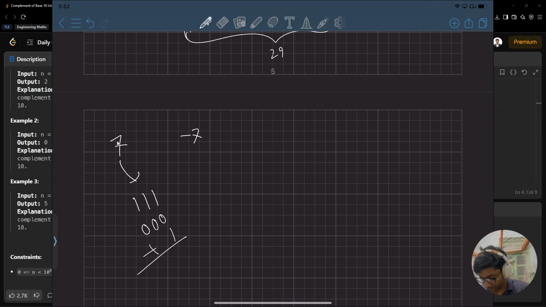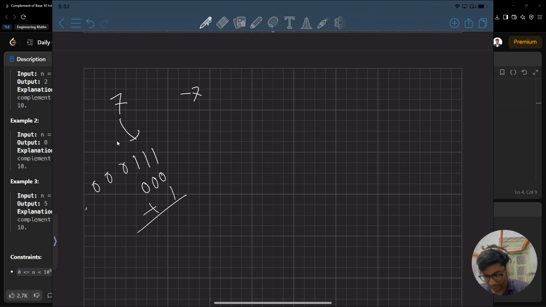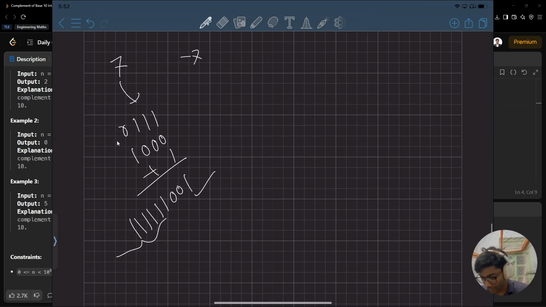Yes, this has a lot of zeros in front, so let's consider there is only one 0 in front. So 1001 is considered the 2's complement representation of minus 7. Of course, I can add any number of ones in front. That will not change my answer. Imagine this is considered as the negative bit, like 0 1 2 3 4 5.